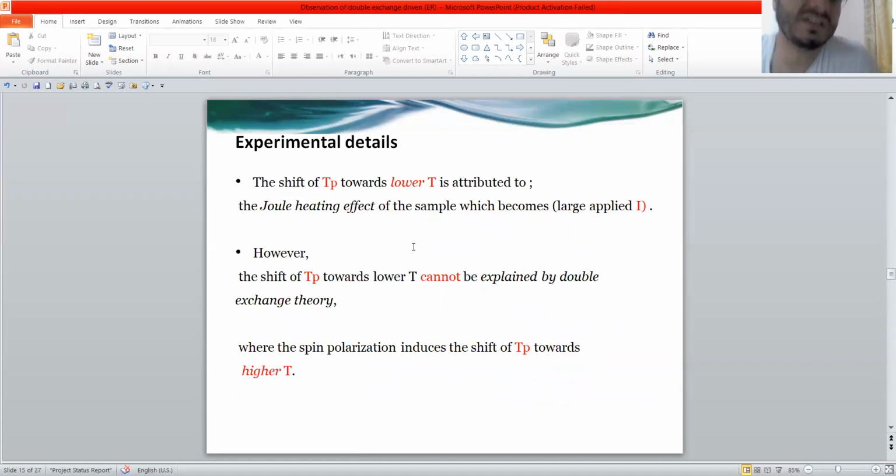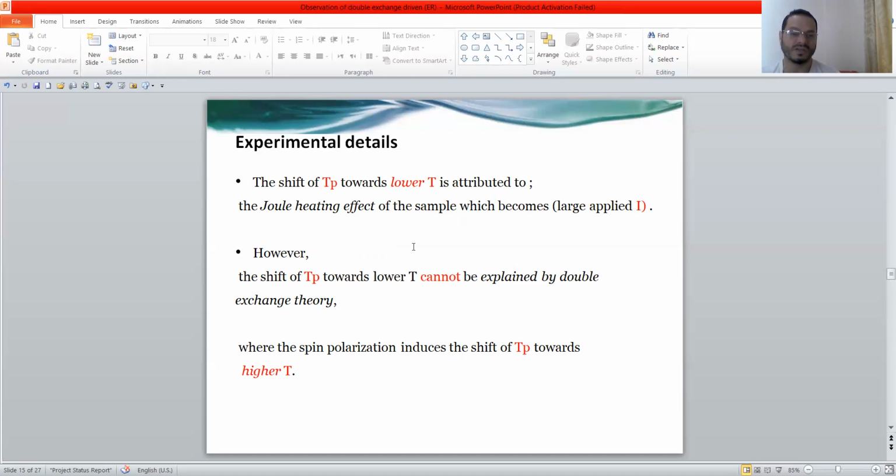Now, experimental details: the shift of the peak temperature towards lower temperature in the in configuration method is attributed to the Joule heating effect of the sample, which becomes large at high applied current. Here in the in configuration we're dealing with low temperature and the Joule heating effect.